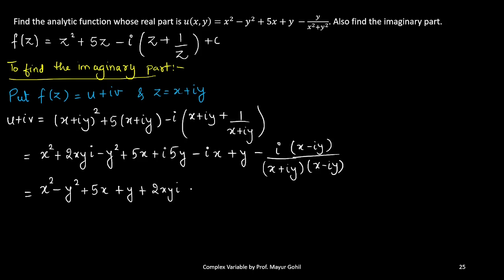2xyi, okay, plus 5yi minus ix. And here when we do the calculation, what do we get? Let us see. We can just keep it here as ix like that.